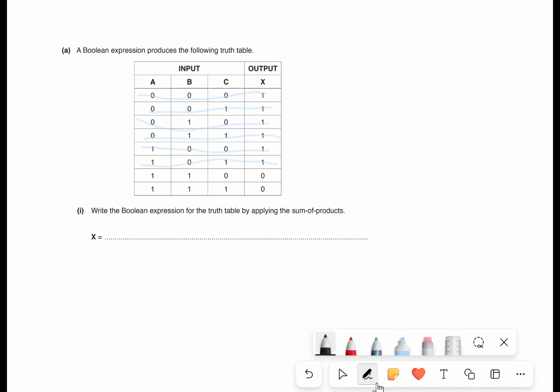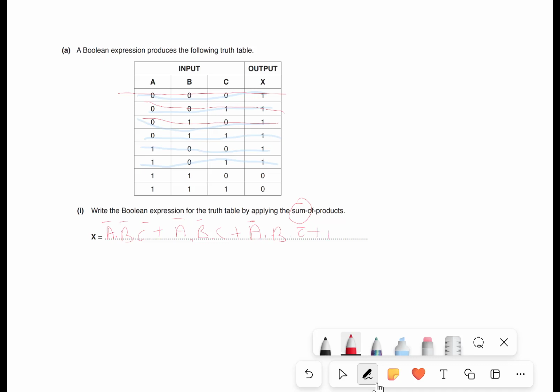Great. Now let's put these into a Boolean expression and combine it with the sum, which will be the OR gates. So we're going to have A, B, C, not, sorry, and, not A, B, not C. So we've done the first row, done. Or not A, not B, not C. Sorry, not A, not B, but C is 1. Or not A, and B is 1, and C is not 1.